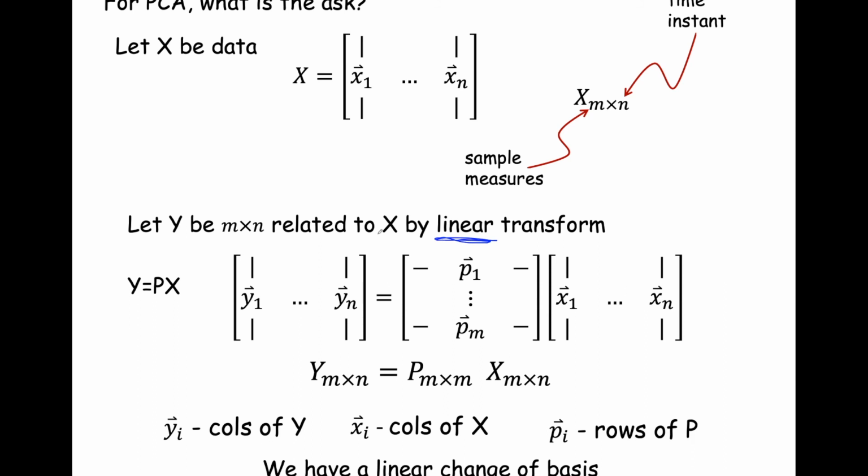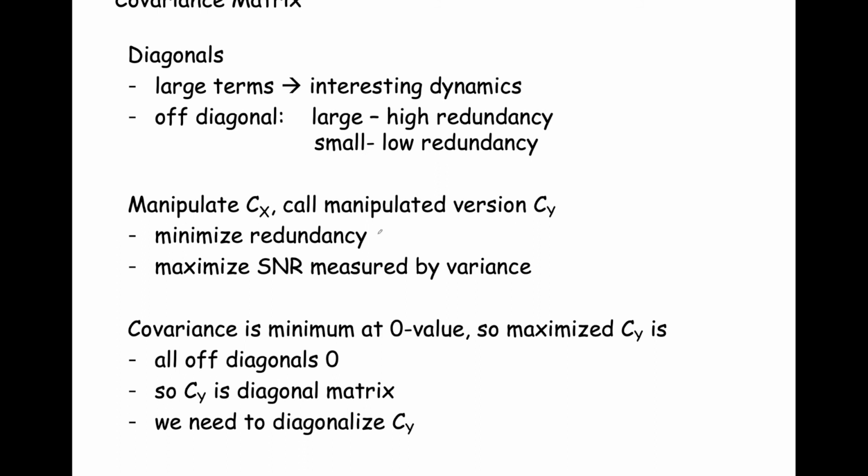and we seek out to specify what that transformation P is. And so we looked at this idea of covariance as describing the redundancy in measurement types. And we said that the off-diagonal terms, the covariances, talk about redundancy. If they're large, that means the 2 feature or measurement types are highly redundant. If the off-diagonal terms are small, we said those measurement types have low redundancy.